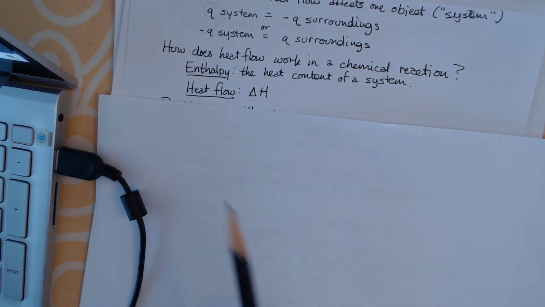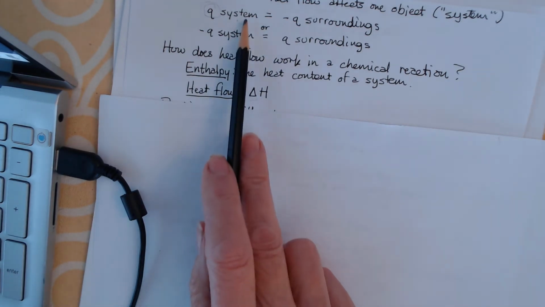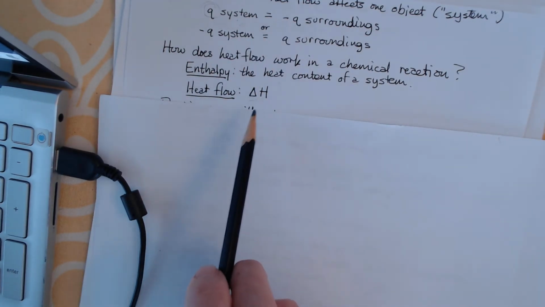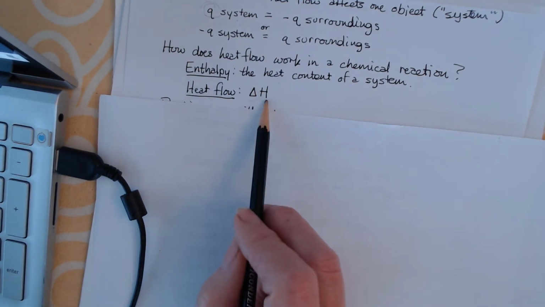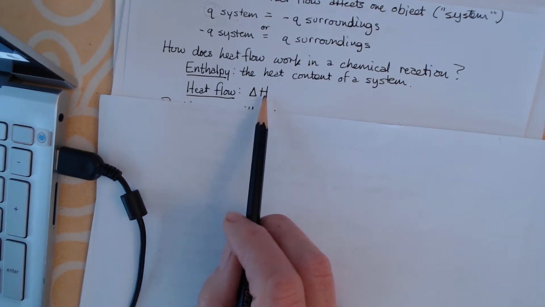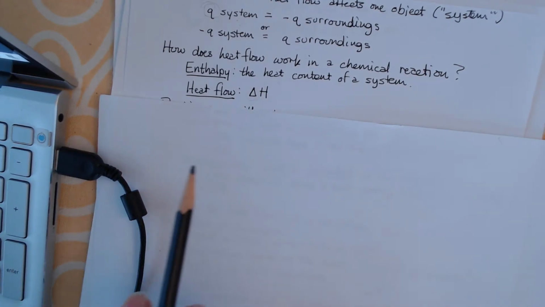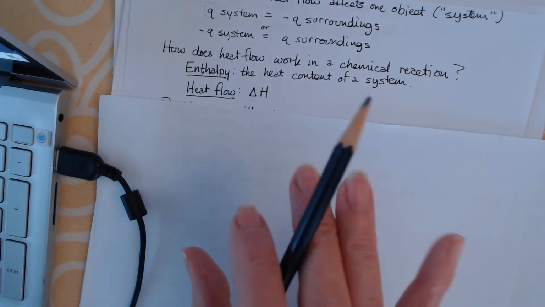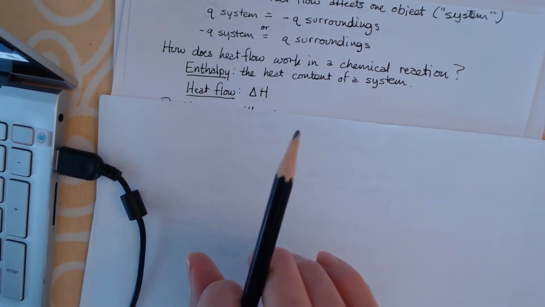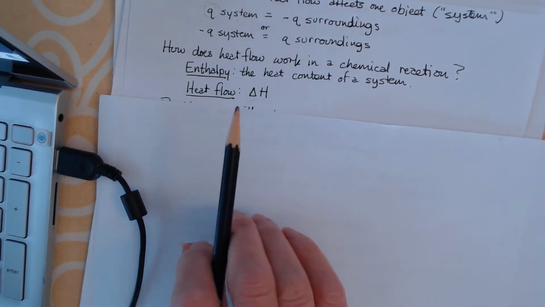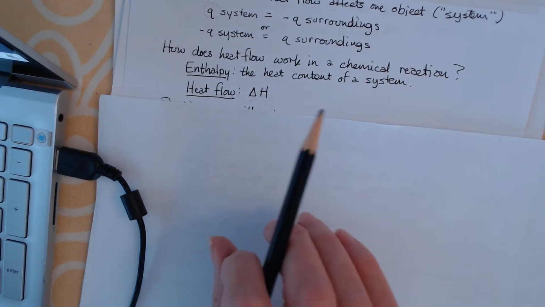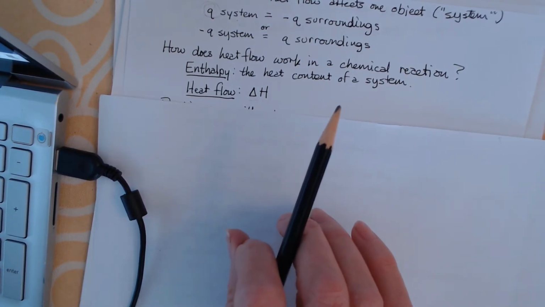All right. Okay. So the other thing I want you to think about is heat flow. So we had flow from a system to surroundings or vice versa. We call it delta H, but we're using H here because now we're talking about more complex situations where we've got heat flow happening as the result of a chemical equation, a chemical reaction.